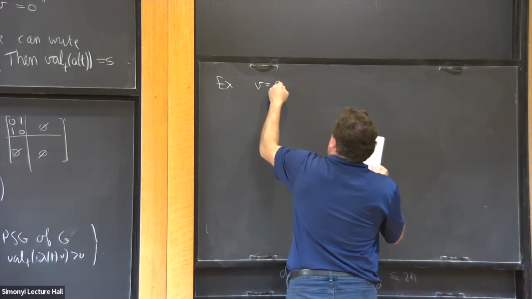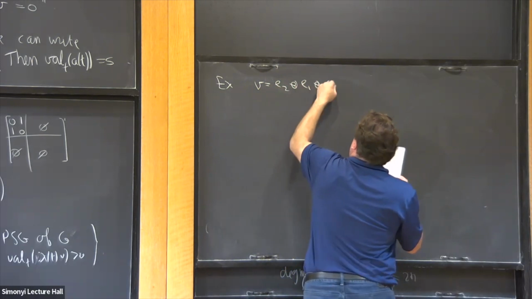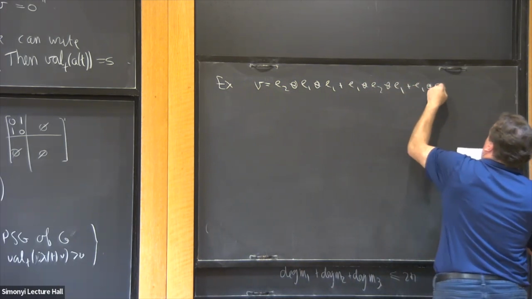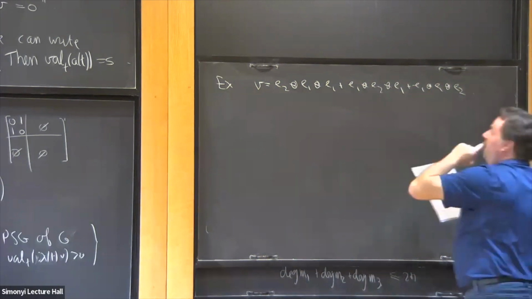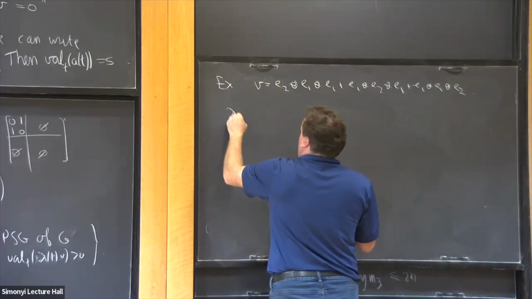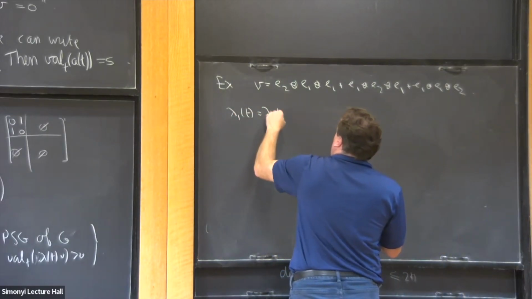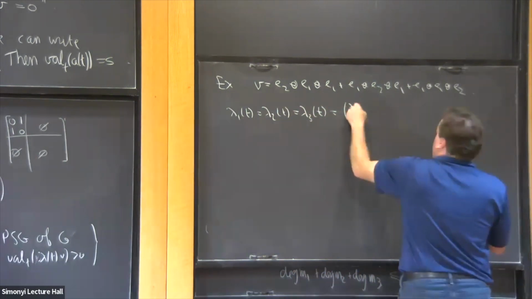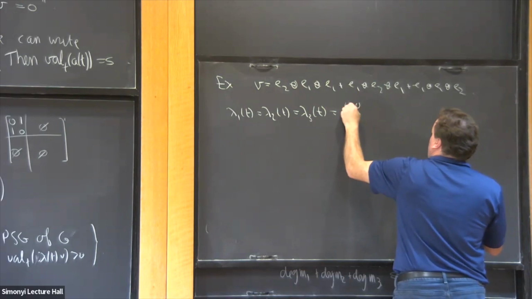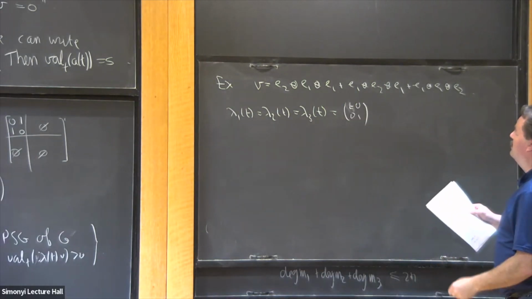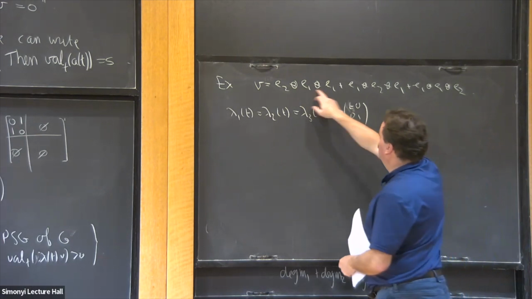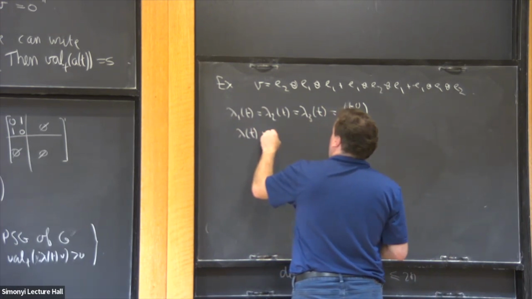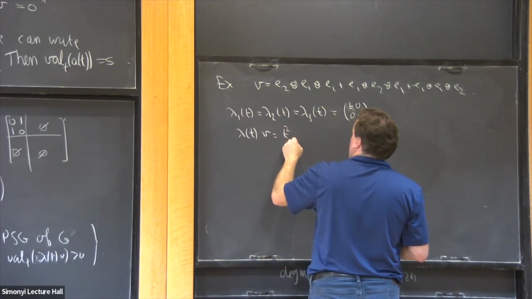V is e2 tensor e1 tensor e1 plus e1 tensor e2 tensor e1 plus e1 tensor e1 tensor e2. Then again, you could take a similar situation as the other example. Take these all to be the matrix diag(t, 1). And so you multiply each e1 by t. So you see that lambda(t) v is t squared v.